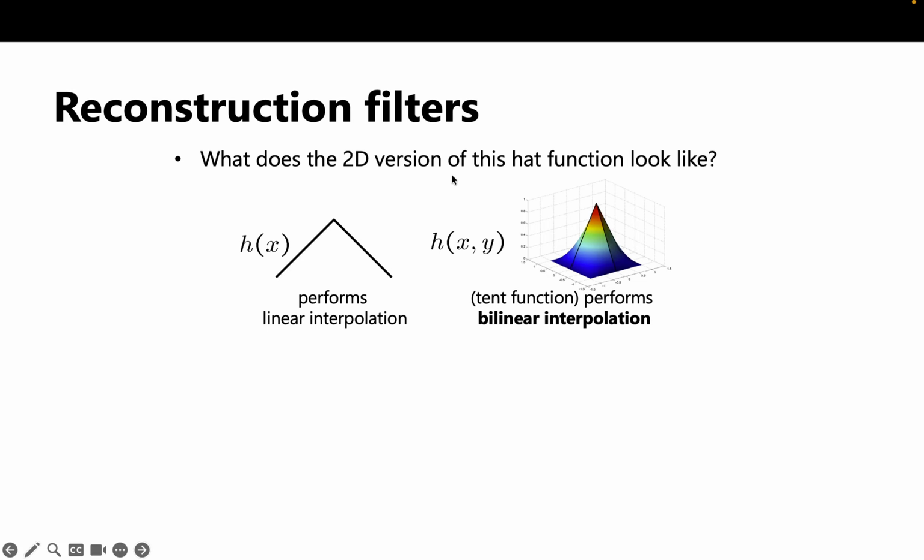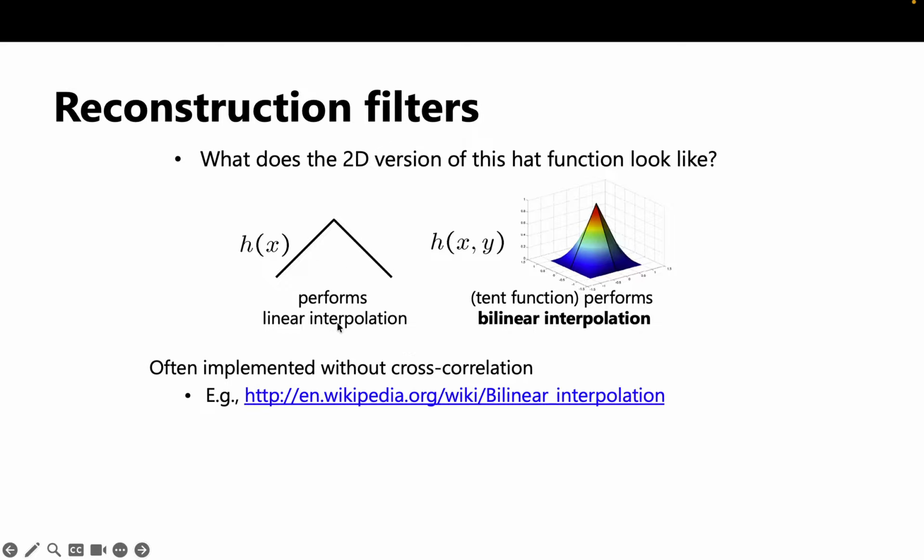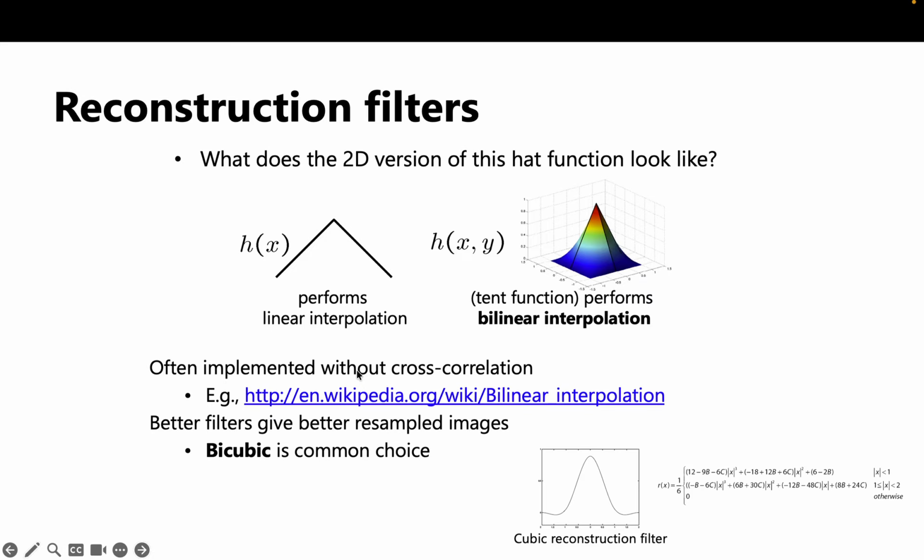So what does a 2D version of these hat functions look like? This is a linear interpolation using 2 pixels. If you have a bilinear interpolation, you use 4 pixels, and it will look something like a pyramid. Then we also have the bicubic, which usually uses 16 pixels to estimate the new pixel.